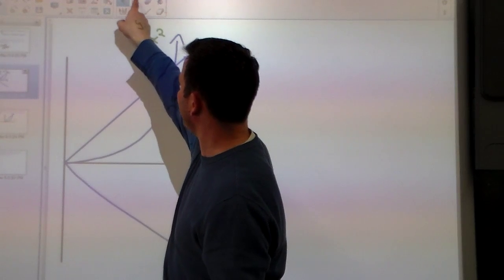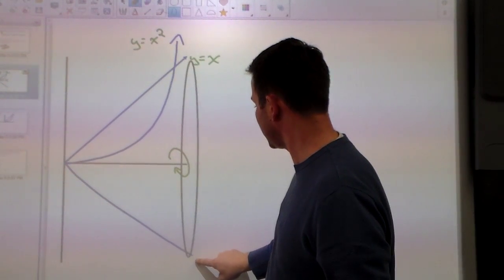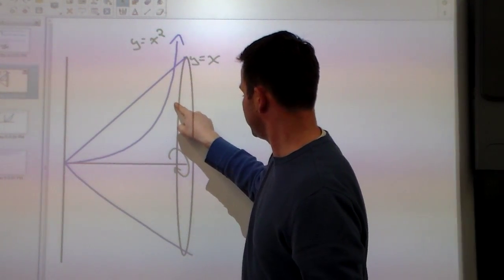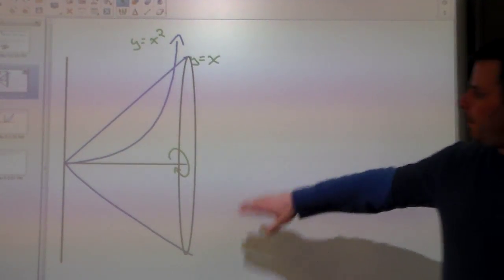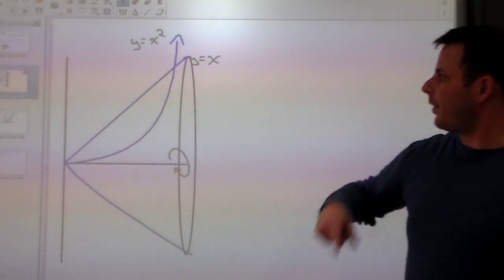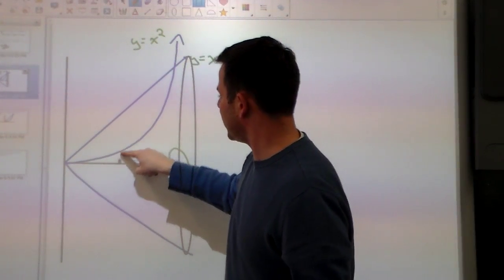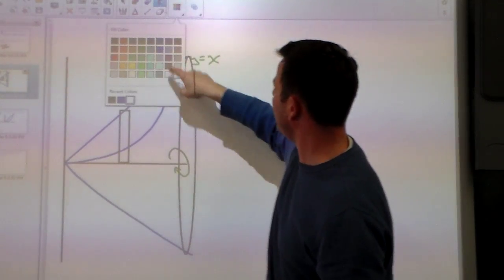Okay, so this now will have a cross-section that looks like this. Okay, so now there's a big solid being revolved. Our representative rectangle for that region looks something like this. Okay, let's fill that in with color.